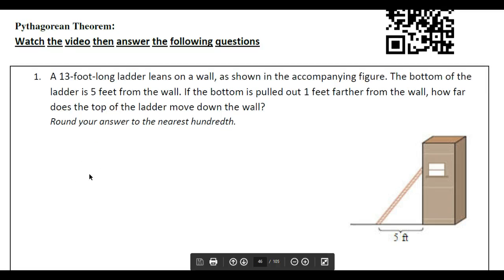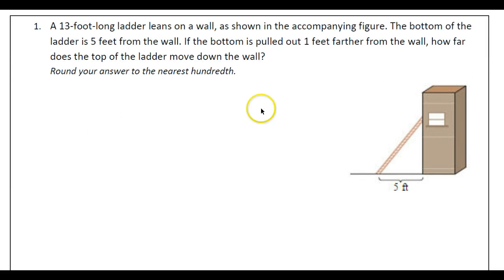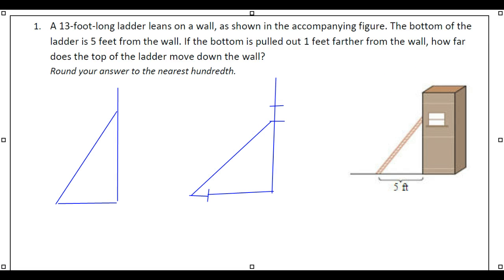Now this is page 46, and we're looking at the Pythagorean theorem, where we're asked to solve this. So let's read it carefully and set it up. Now this is meant to be a study aid, so let's see if we can understand what's going on here.